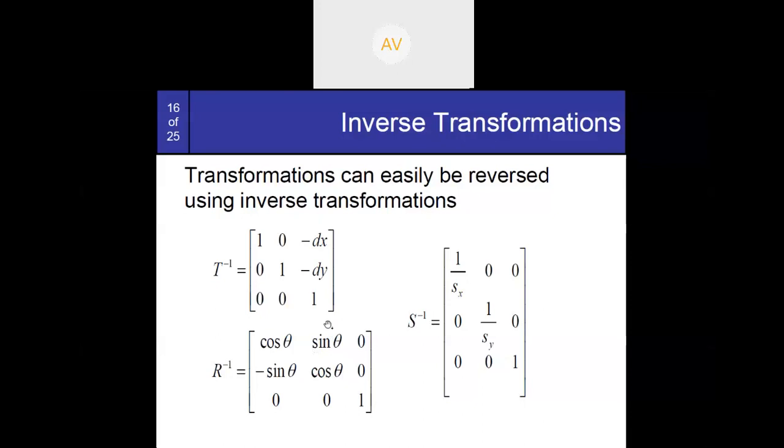So better you can do one thing: for the anti-clockwise direction, take theta as positive, and for the clockwise direction, theta as negative, and you can use the earlier formula only, cos theta, minus sin theta, sin theta, cos theta, nothing will be different.